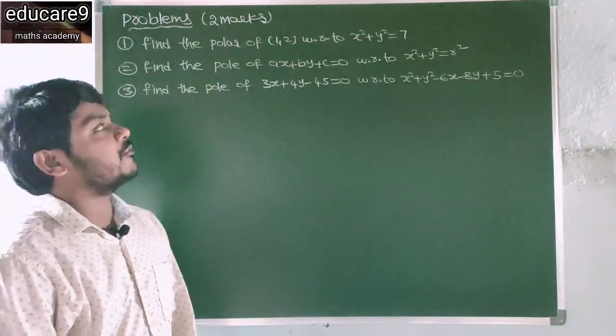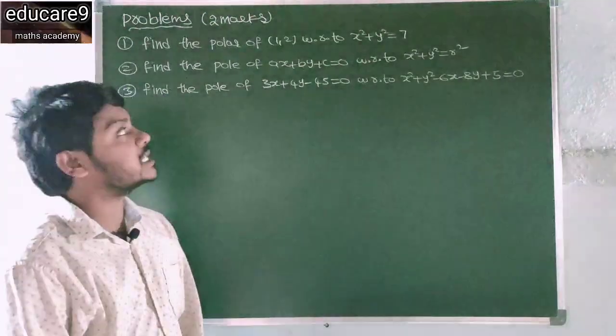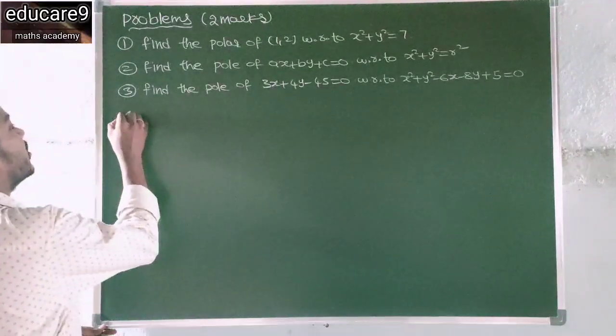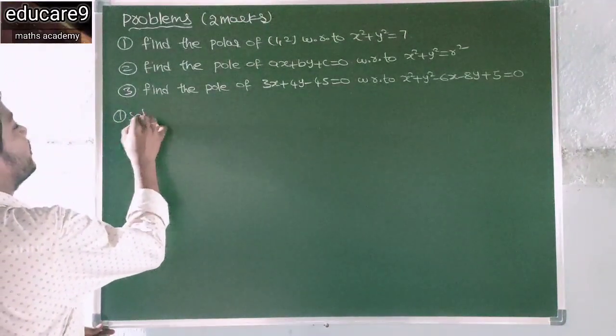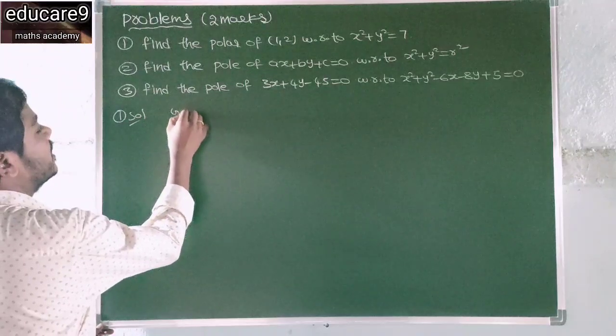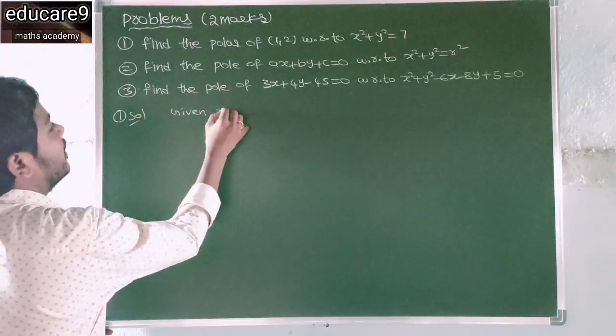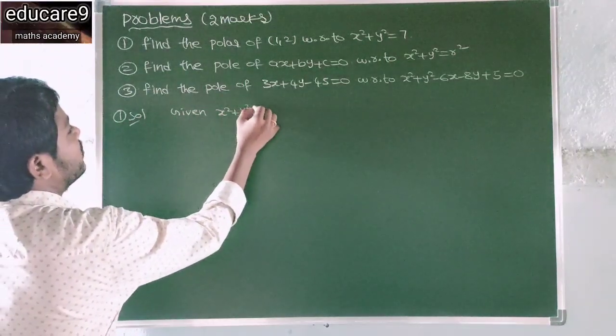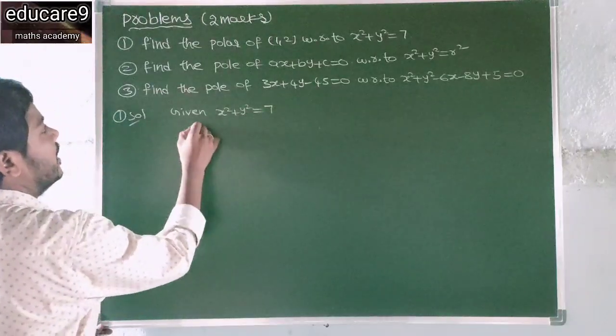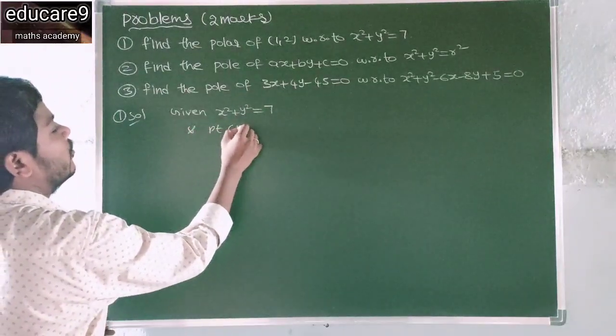Find the polar of 1, 2 with respect to the circle. So see the first solution. Given circle x square plus y square is equal to 7 and point 1, 2.